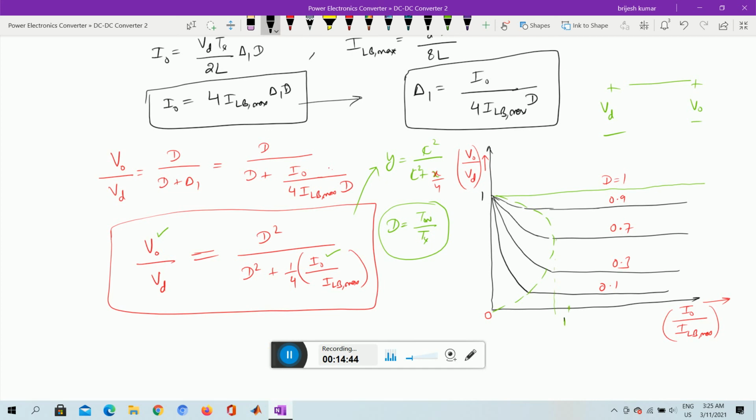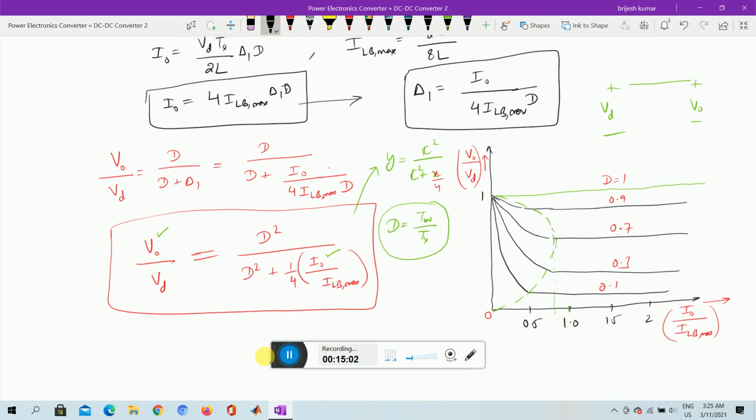This is coming around to be 1.0. This is 0.5, and let us say this is 1.5 and this is 2. So up to this value of nearly 1, and you'll have discontinuous mode beyond it.